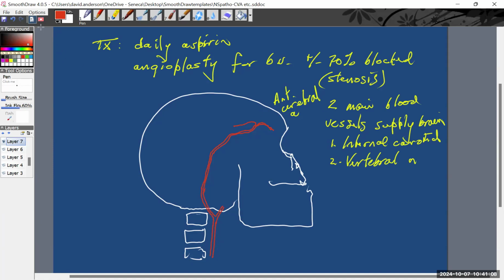So this is our anterior, and it's got a branch that comes off it that goes to ophthalmic, but also travels to supply the structures that it's most closely associated with. So it's going to distribute through the frontal lobe of the cerebral cortex and share some collateral circulation with the parietal lobe and so on.